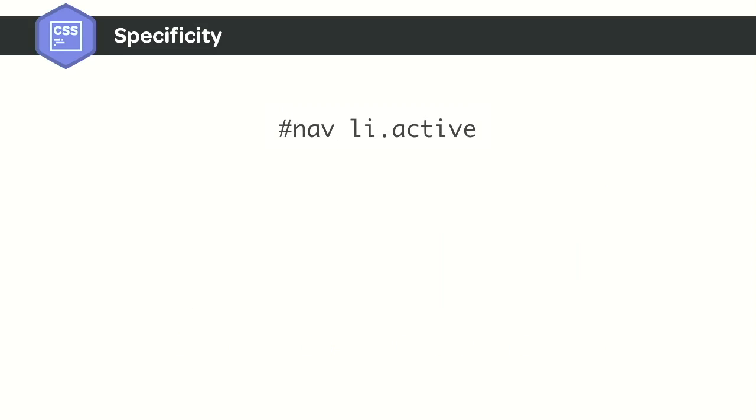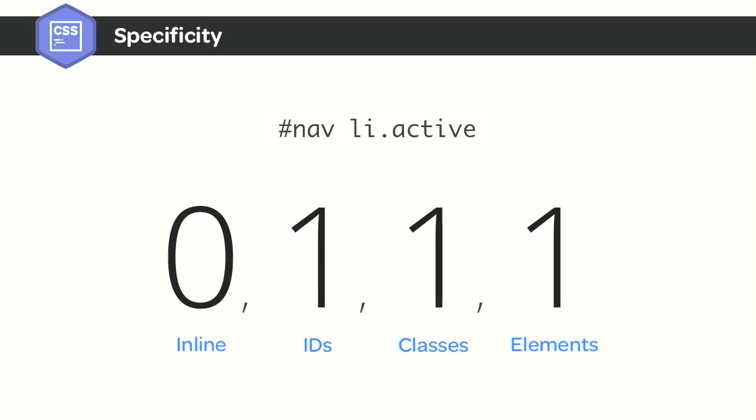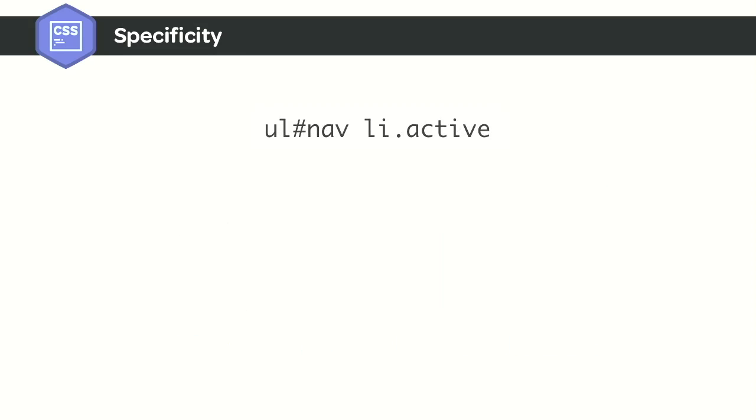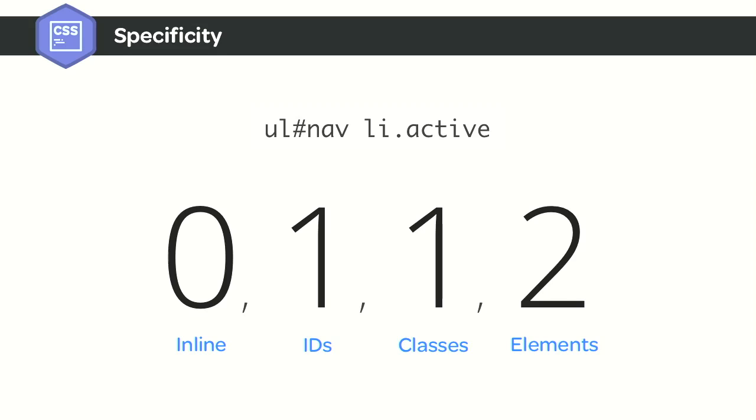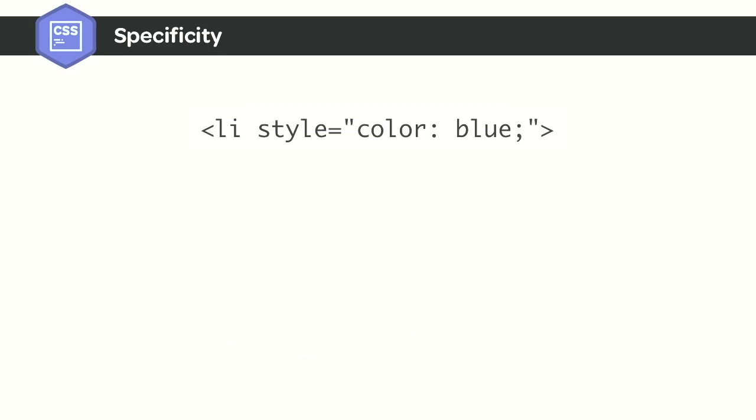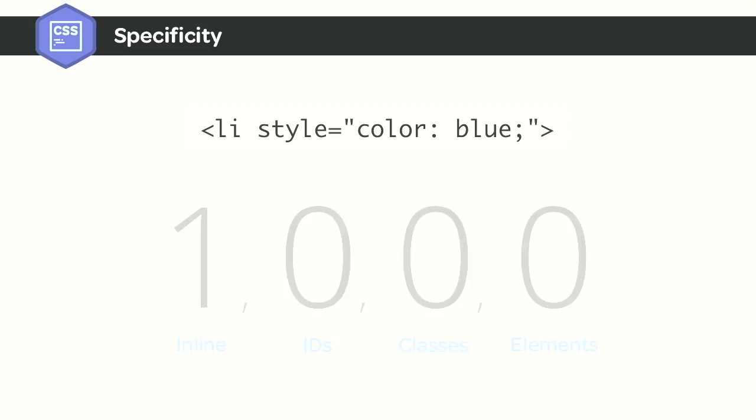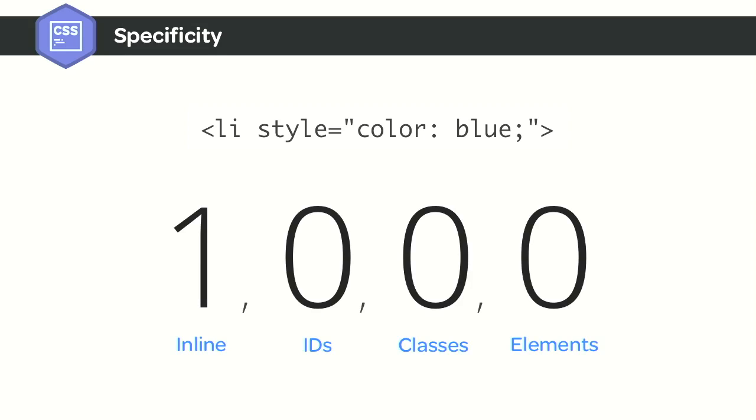In another example, if we qualify that class by adding the list item element selector, the browser will then add 1 point for the element, and our specificity value is 111. Now, if we then add an unordered list element selector to that nav ID, the browser will then add 1 more element point, which then gives us that value of 112. And finally, inline styles are very heavy on specificity. So as we can see, it gives inline the value of 1, which results in a specificity value of 1,000.